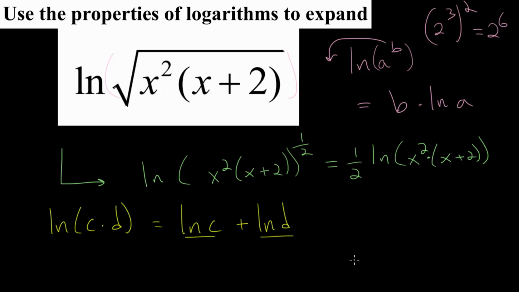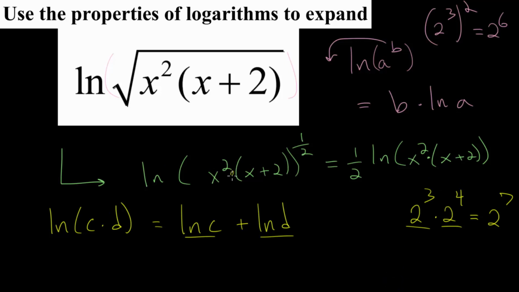And again, this is related to exponent properties, particularly the fact that if we have, let's say, 2 cubed multiplied by 2 to the 4th, as long as they have the same base, like they do here, we have base e since we have a natural log, we will add the 2 exponents together. So if we're multiplying, it's addition of the exponents. So these are related properties.